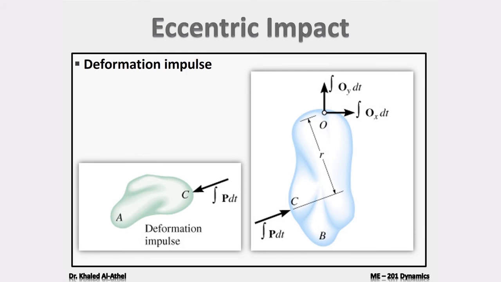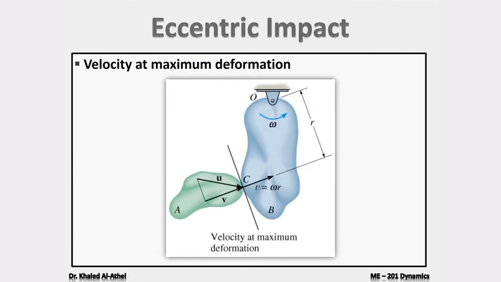Now, once they collide, what will happen? Object A will give an impulse on B, and B will give a reaction impulse on A. These are opposite in direction, but equal in magnitude. And then what will happen? I will get the velocity at maximum deformation. These two will be moving together, and this point will have the same velocity.